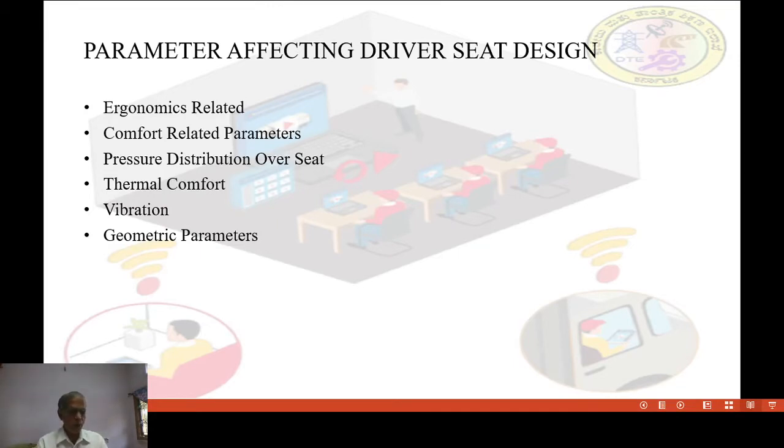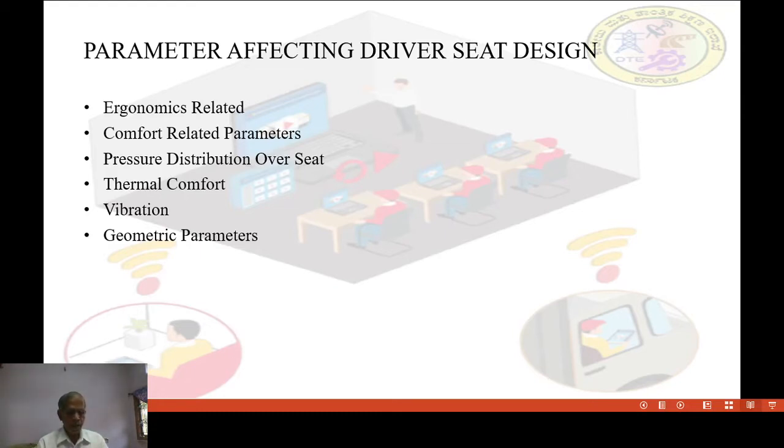Number two, seat is designed in such a way that it accommodates the driver's size and shape. Number three, for extended period of driving, seat should provide comfort. Number four, seat must guard driver during accident or collision.